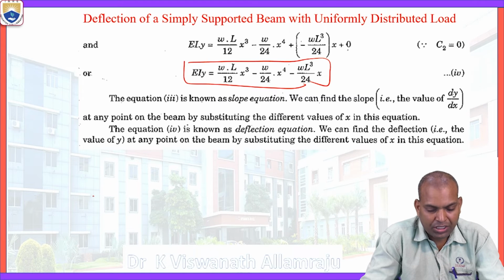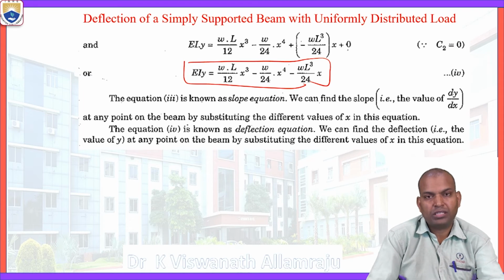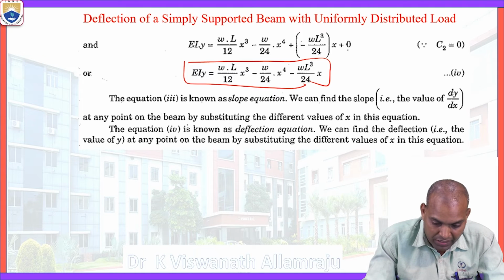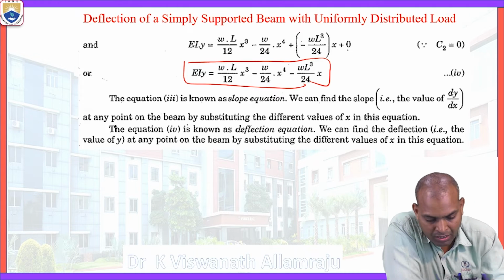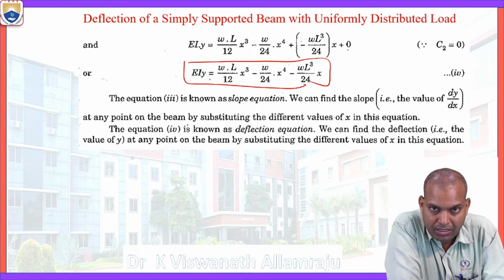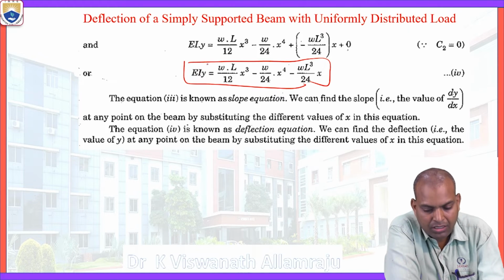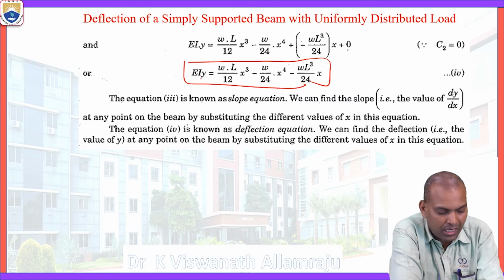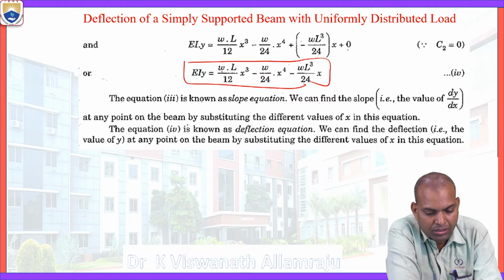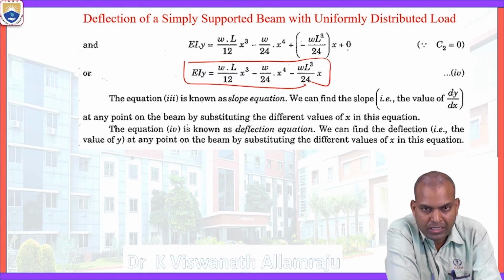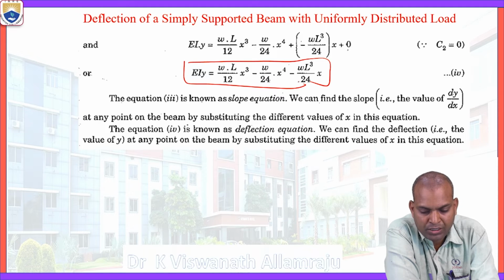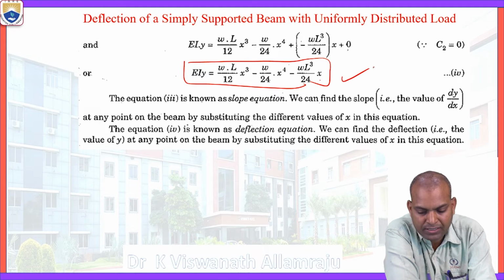Now the deflection equation, after substituting C1 and C2 in the above equations, is calculated as EI times y equal to WL by 12 times x cube minus W by 24 x power 4 minus WL cube by 24 times x.